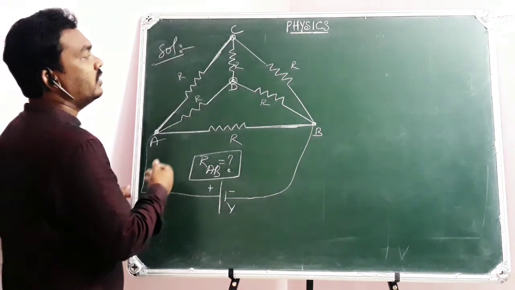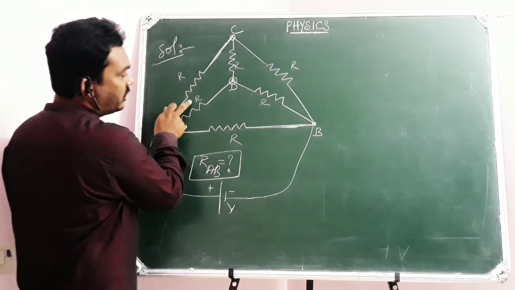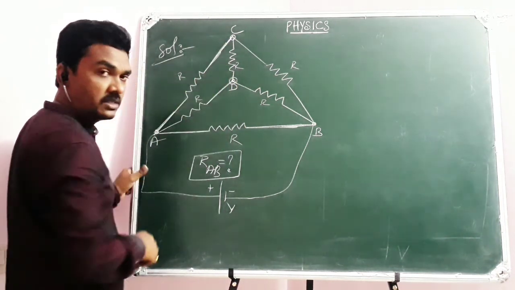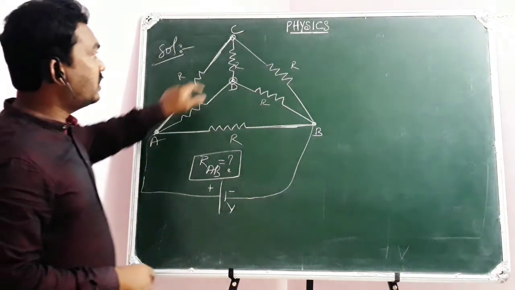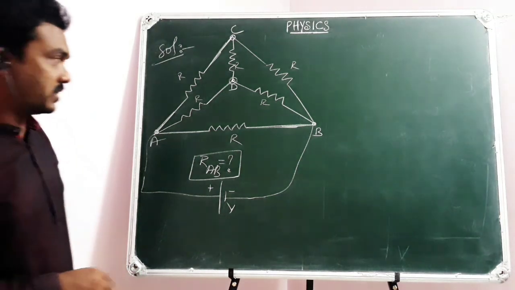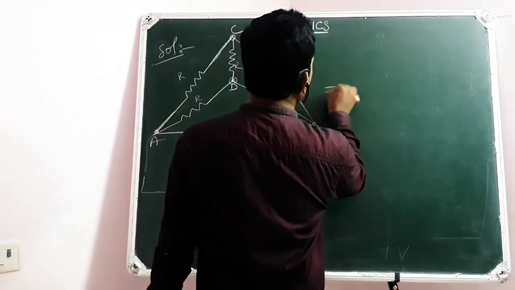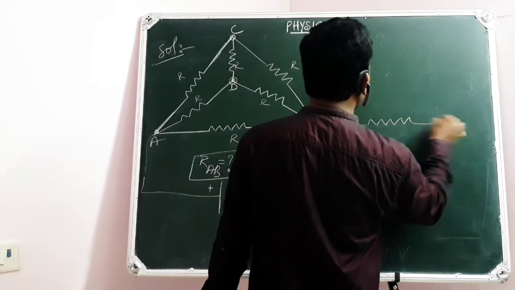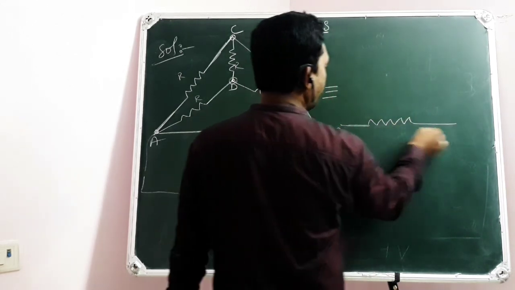So in this way, R1 by R2 equals R3 by R4, then these will be equipotential points. C and D will be equipotential. As C and D are at the same potential, this resistor will be ineffective. Your equivalent circuit is going to be in this way. This is AB.